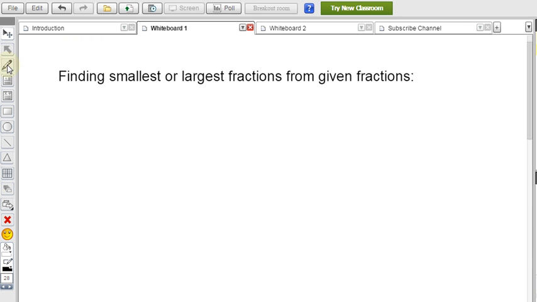I'll explain in a simple shortcut. For example, given fractions are 2 by 3, 3 by 4, 3 by 5 and 5 by 7. So in this, what is the smallest and what is the largest?